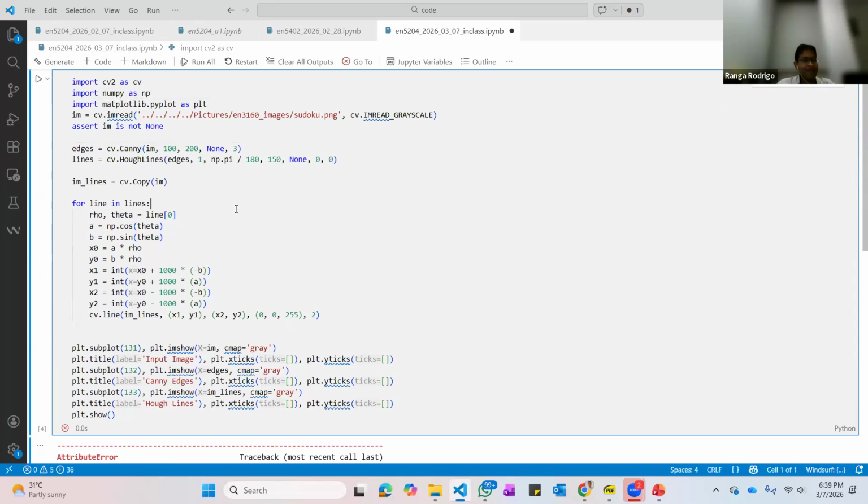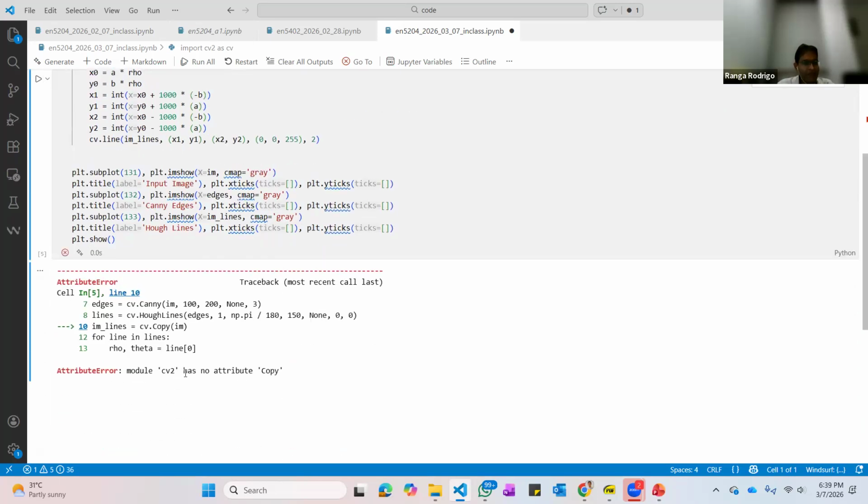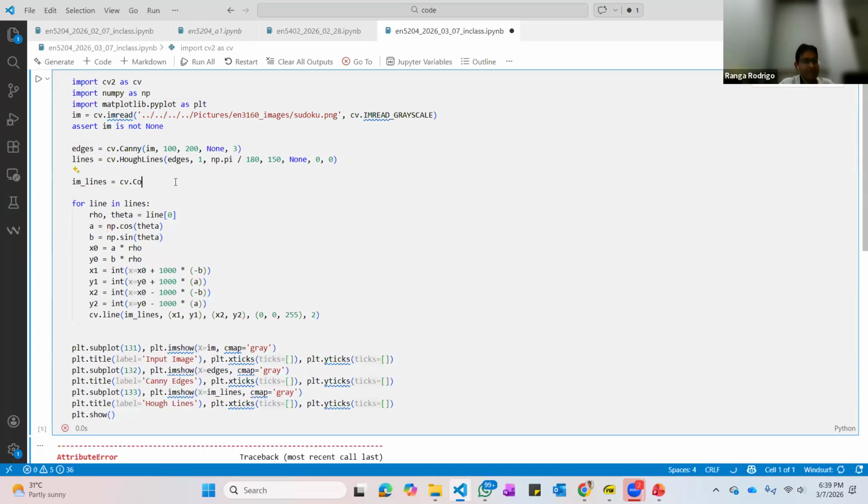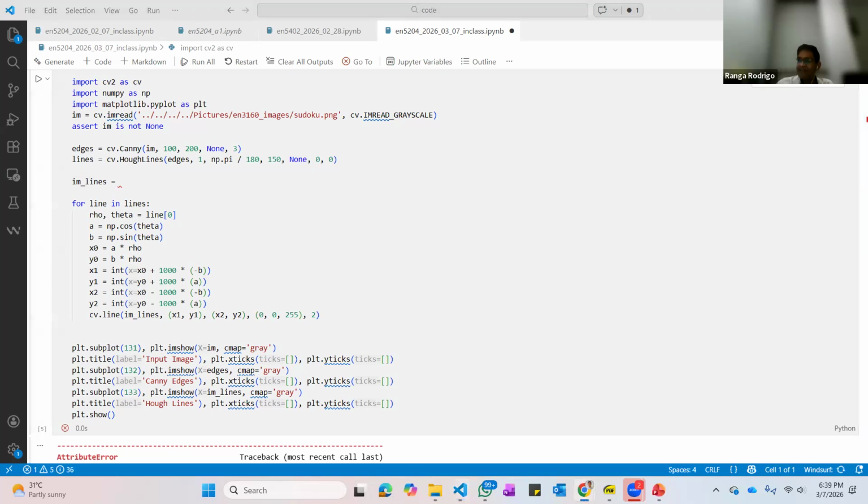import numpy as np. What does it say now? cv copy, cv2 has no attribute copy. Okay, I don't remember, so I will search on the internet.